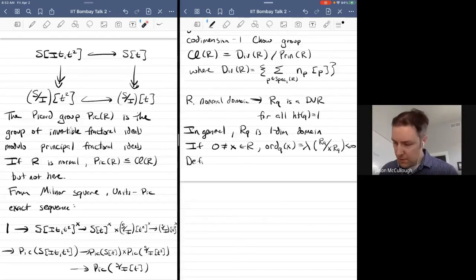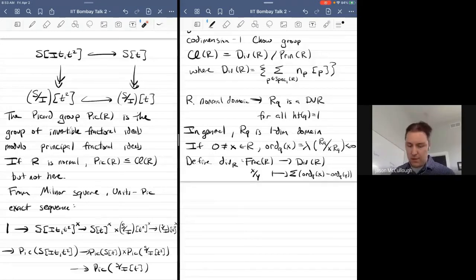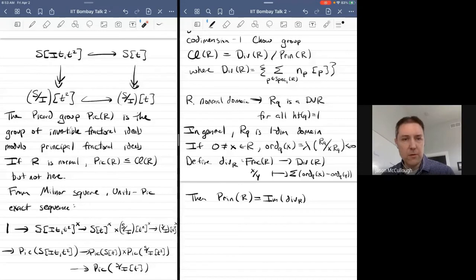And you define the map div from the fraction field to Div R that takes a quotient x over y and maps it to the sum over all height 1 primes Q of the order of x minus the order of y. And so then the linear equivalence you're used to is just given by the image of this map. So that's how you can define a class group even if your ring is not normal.